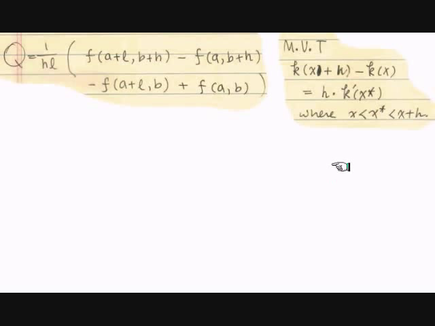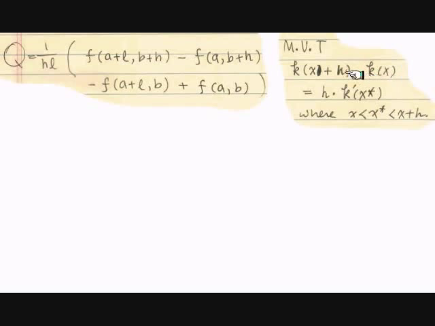I'll run out of letters, so I chose this k. So k is the name of this one variable function, k(x). So this part is k(x+h), and that part is k(x), and this difference shows up as part of the definition of the derivative of k. If you rearrange that derivative formula, you arrive at here. The difference of function values is usually applied to small values of h.